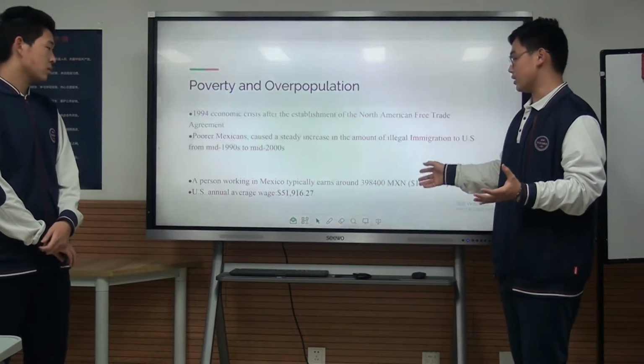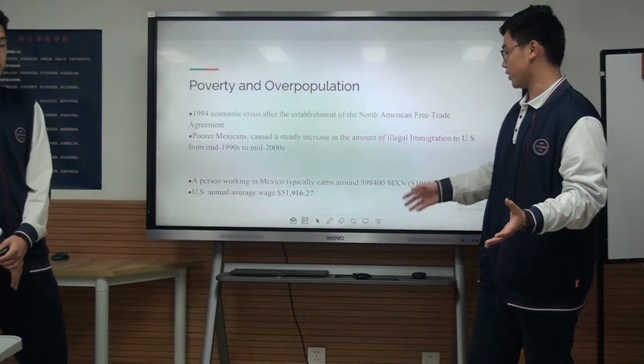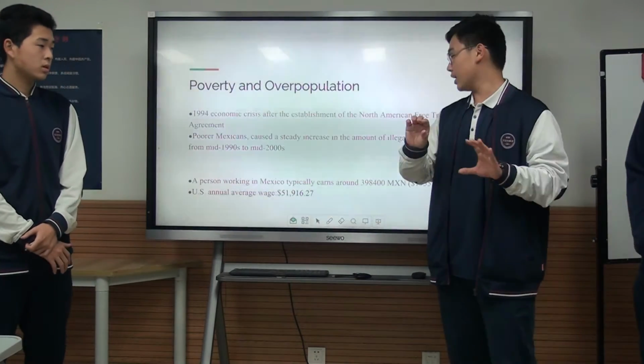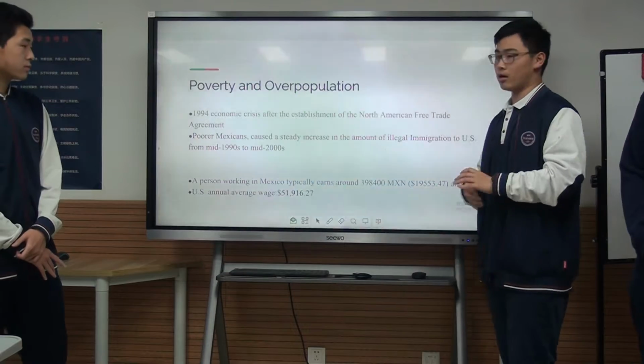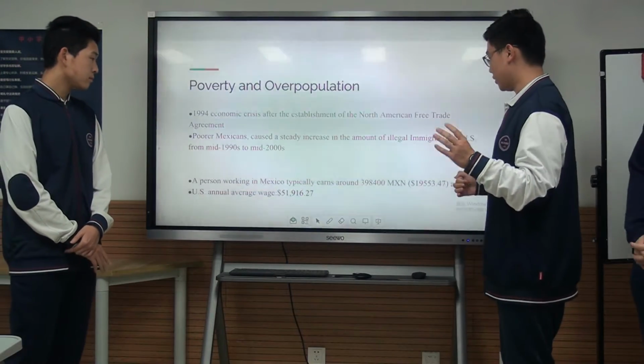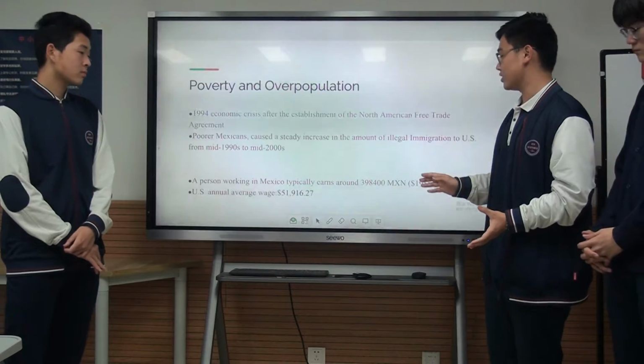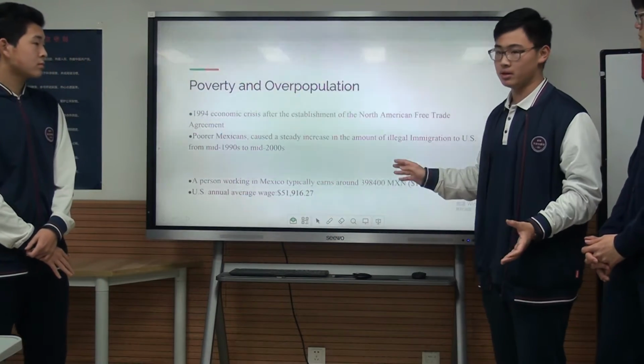If you look at the average income then, in Mexico an average person could earn about 20,000 US dollars per year. But in the US, they could make about 2.5 times what they could make in Mexico.